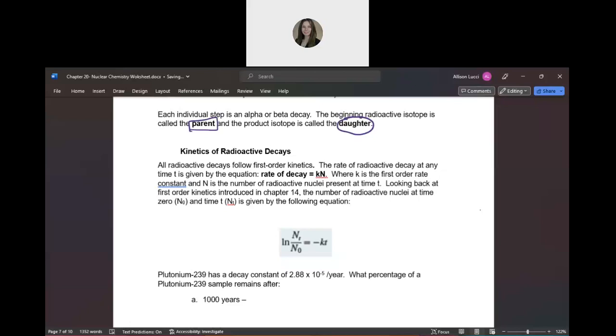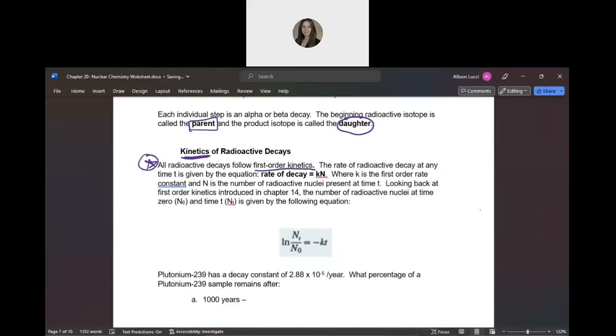If you recall from earlier, chapter 14, we reviewed kinetics, or how fast reactions occur, rates of reactions. Radioactive decay, key for us, follows first order kinetics.